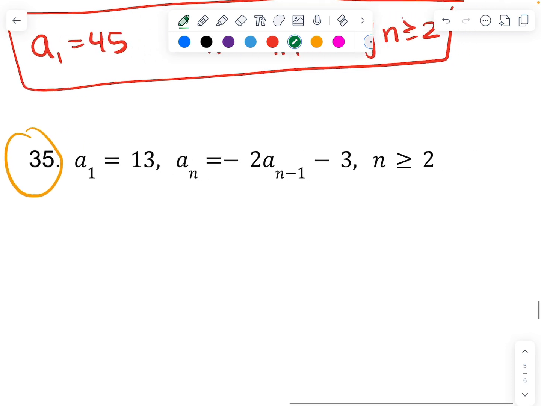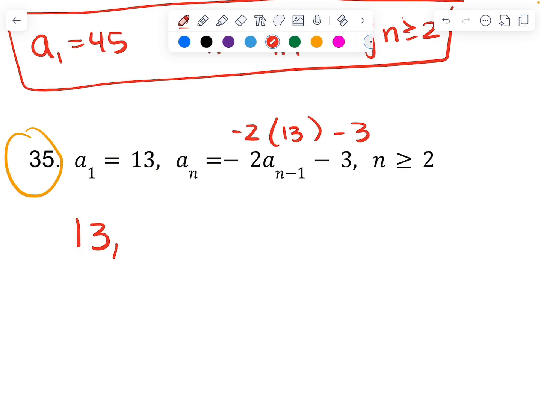And then last but certainly not least, we are starting at 13. We are doing negative 2 times 13 minus 3. So that's negative 26. Negative 26 minus 3. Why did I use a calculator for that? Negative 29.